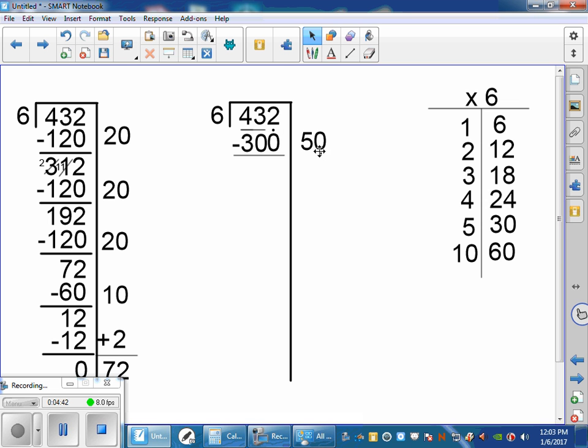So that's where that dot comes from and that 0. Because what we're really doing is 6 times 50, which is 300. So going back, we did 6 times 5 is 30, but we're not just subtracting 30 from this number. We want to subtract out 300, a larger number. So 6 times 50 is 300, and now we subtract that, which is 132.